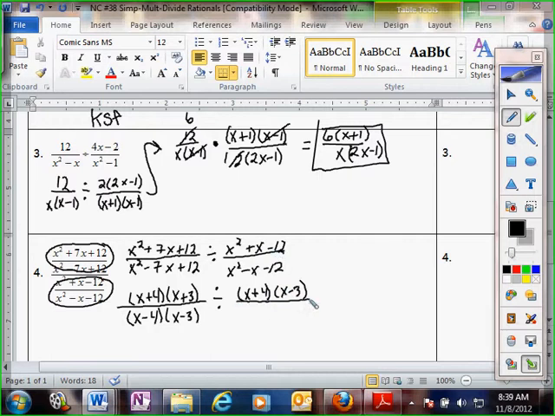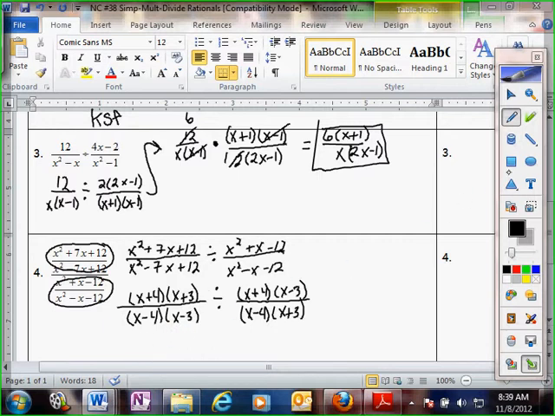And on the bottom here, I need to add to negative 1, but still multiply to negative 12, so I'd have an x minus 4 and an x plus 3, because negative 4 plus 3 gives me negative 1, and negative 4 times 3 gives me negative 12. And again, if you couldn't do that factoring without working it out, take your time and work it out. I'm not saying you have to do it this way.